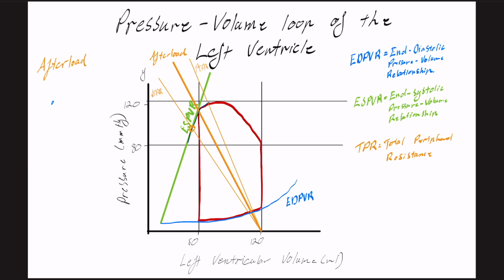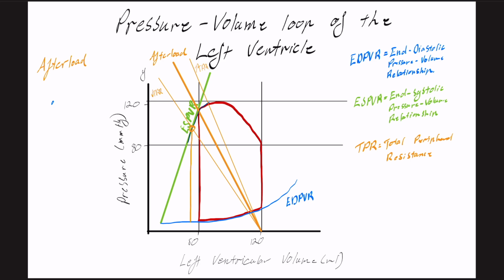So let's draw our first one, which is going to be with a low total peripheral resistance, so a low afterload. Let's start at the point where our aortic valve closes, where it crosses the end systolic pressure-volume relationship line, which is contractility. Isovolumetric relaxation commences.